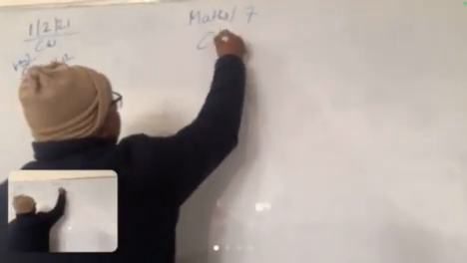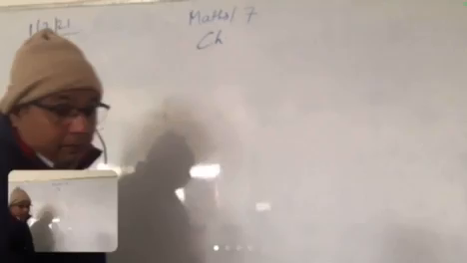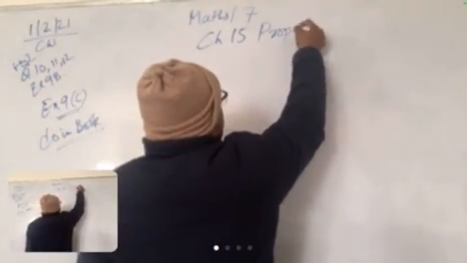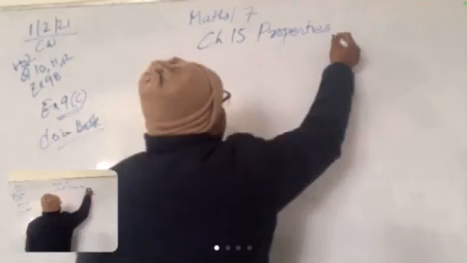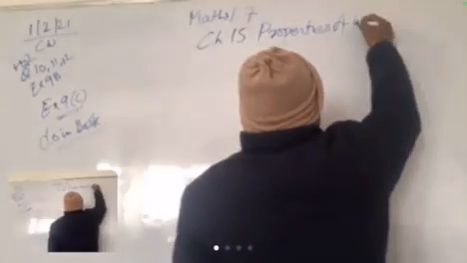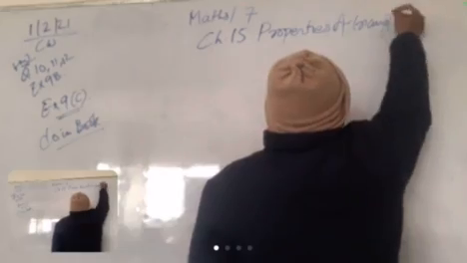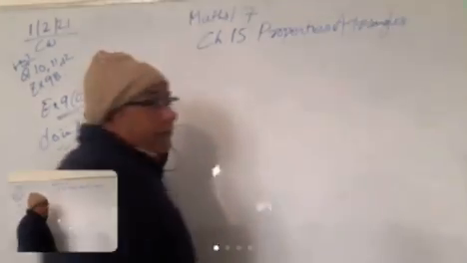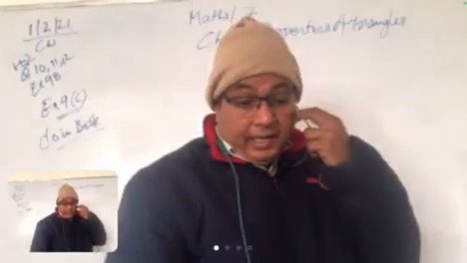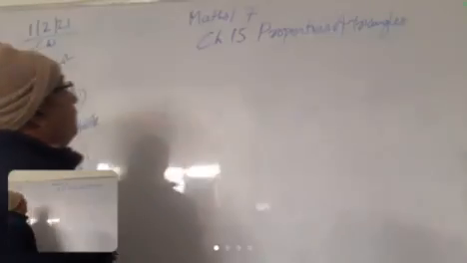Chapter number 15, properties of triangle. Everyone open page number 181. Chapter 15, properties of triangle.